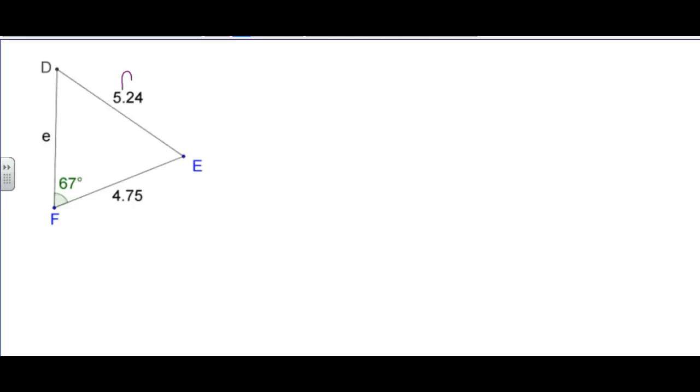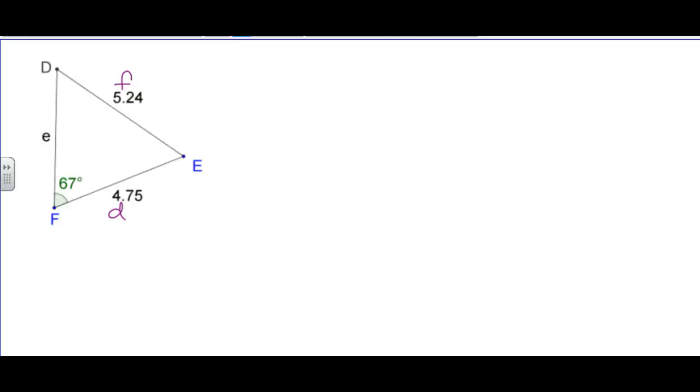So let's call this little f. Let's call this little d. That's the 67 degrees. So what can I solve for? Well, I want to solve for little e. But to do that, I need angle e, and I've got two unknown angles, so I can't solve for angle e because it's got a side opposite that I don't know, and I can't use the cosine law.